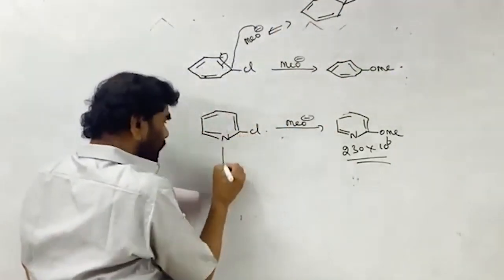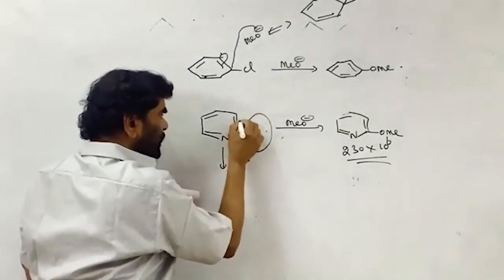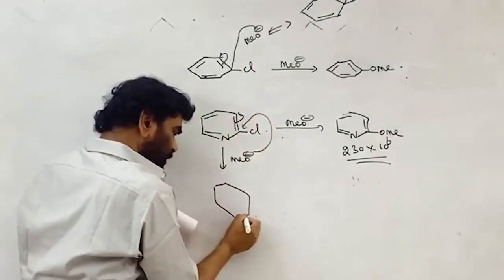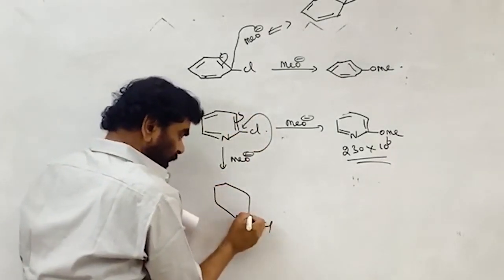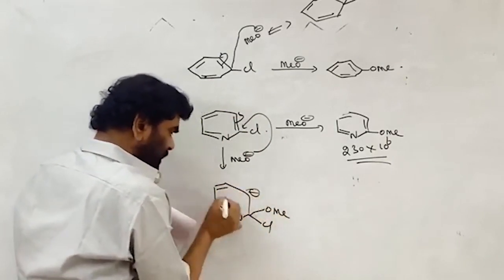Here, if the methoxide ion attacks, again a carbanion is formed.